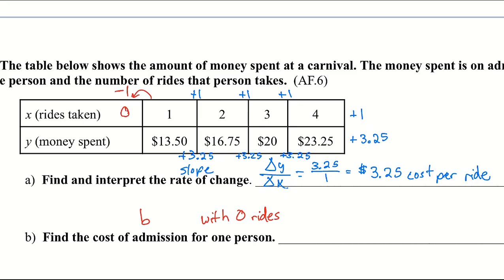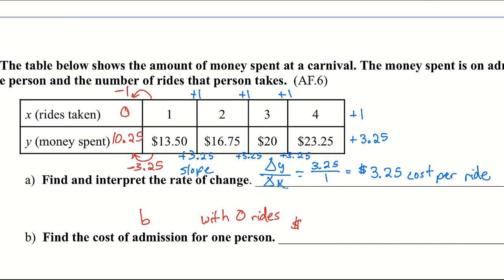And if I go backwards for my y-intercept, or my money spent, instead of adding 3.25, I'll subtract 3.25. And I'm just going to calculate that. So $13.50 minus $3.25, I got $10.25 for my y-intercept.